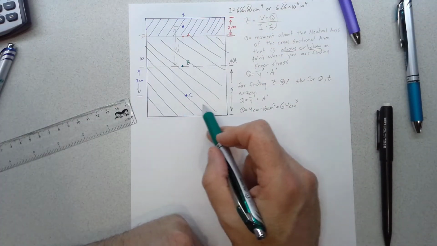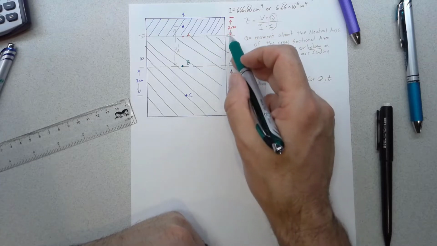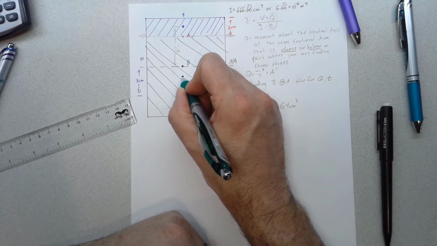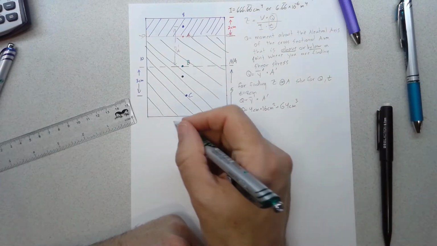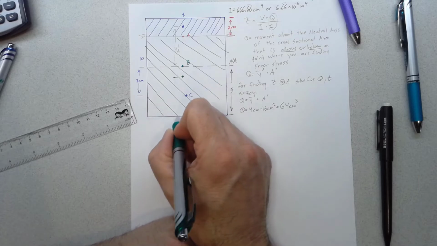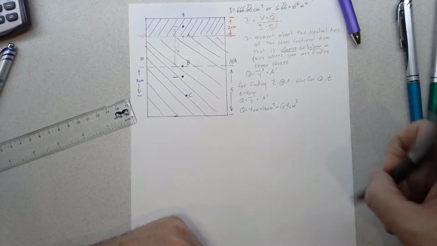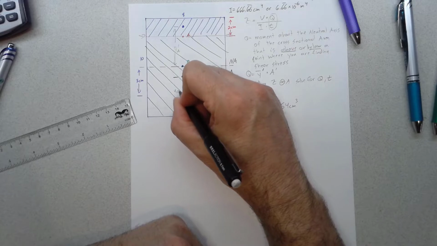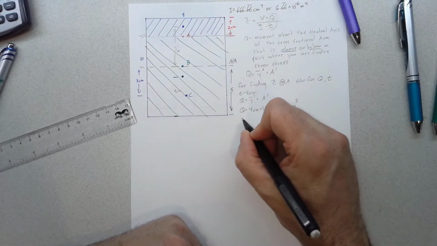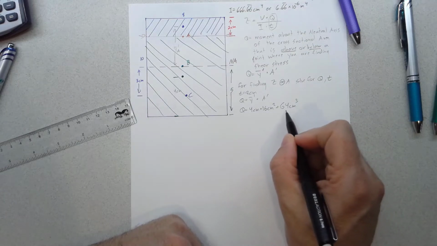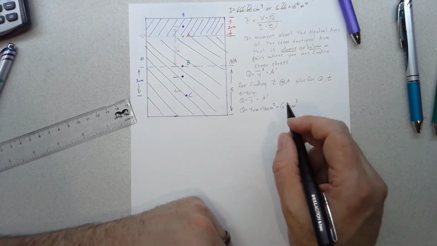So this big green area is 8 centimeters tall. So the centroidal axis of it is going to be 4 centimeters from the bottom here. So this distance right here to here would be 4 centimeters. So let's plug in and find Q using the area below. And it should come out to the exact same value, or else we've done something wrong.